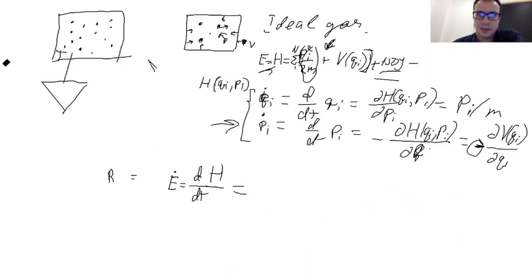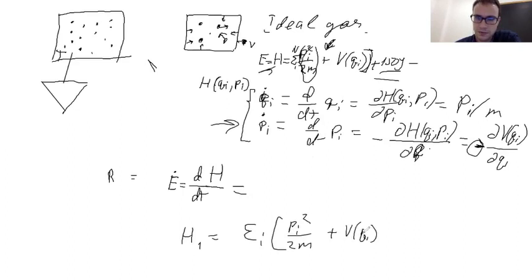Okay. For instance, I could add, so this will be Hamiltonian 1. It's almost like my previous example, but I add another term, for instance, an acceleration times, for instance, qi.